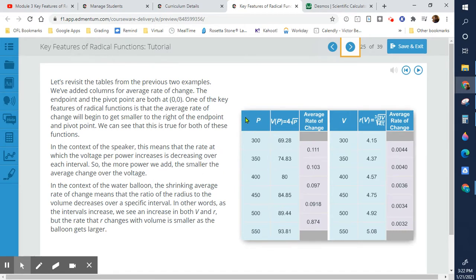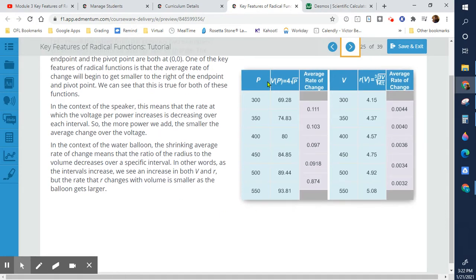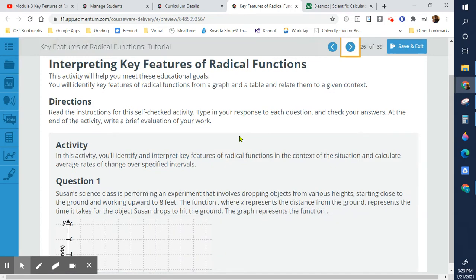Okay, so the voltage is going to increase, but it's going to have less of an effect on the power. So that's what's happening here. Even though we're increasing power, the voltage doesn't increase as much over time. So here's our power. It starts affecting the voltage less and less the more power we go.